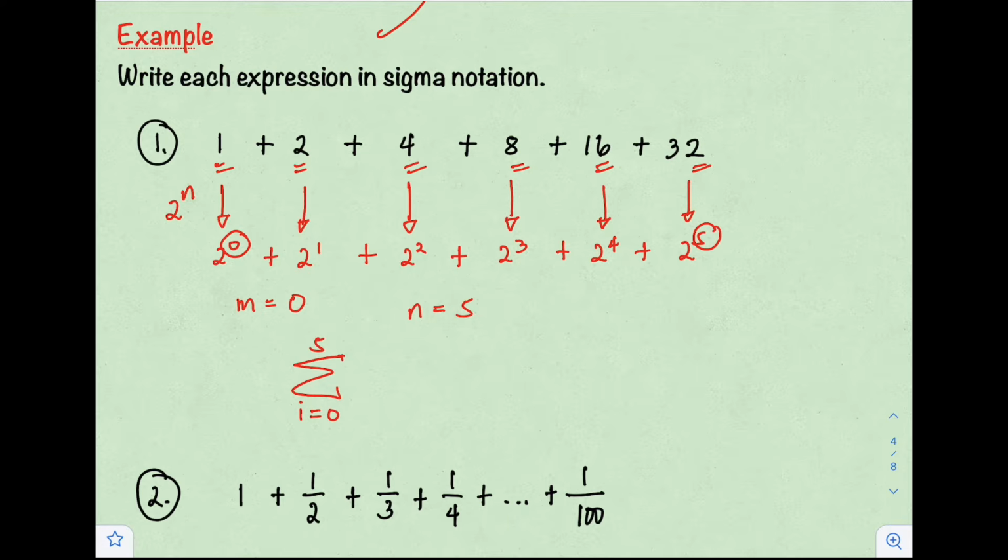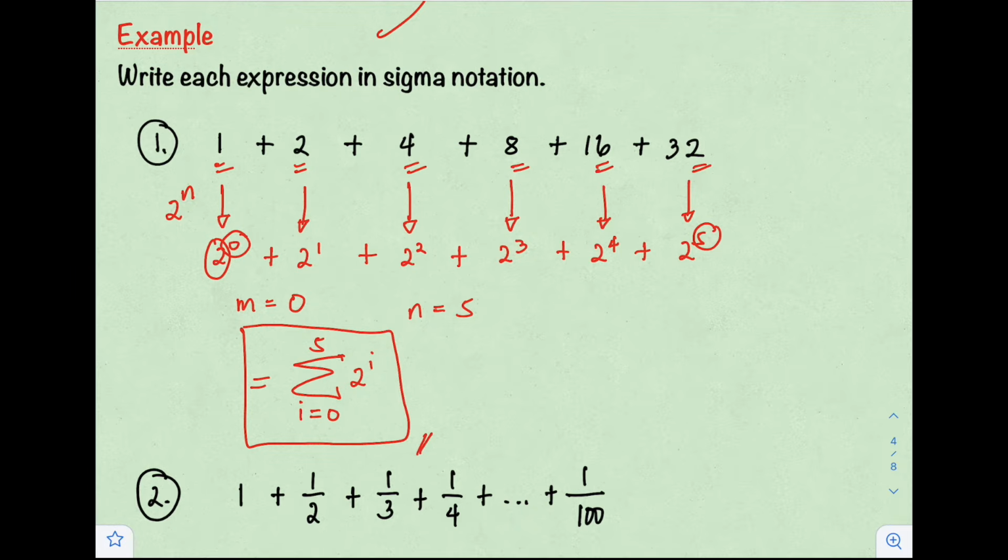Right? Now, we just put our term, which is f of I. If you notice, our f of I is equal to 2 raised to I, where I is from 0 to 5. Got it, guys? So this is now our sigma notation.